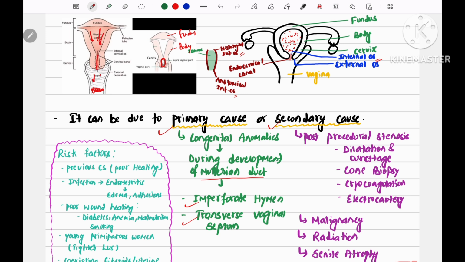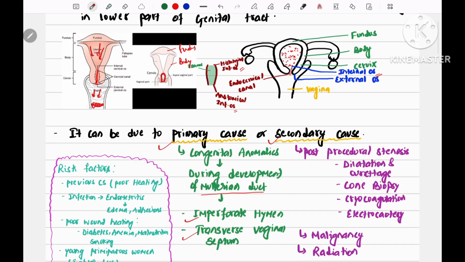But what is happening here? There is no perforation in the hymen, so the blood which needs to get out of the uterus gets collected in the uterus, and it can lead to hematometra.